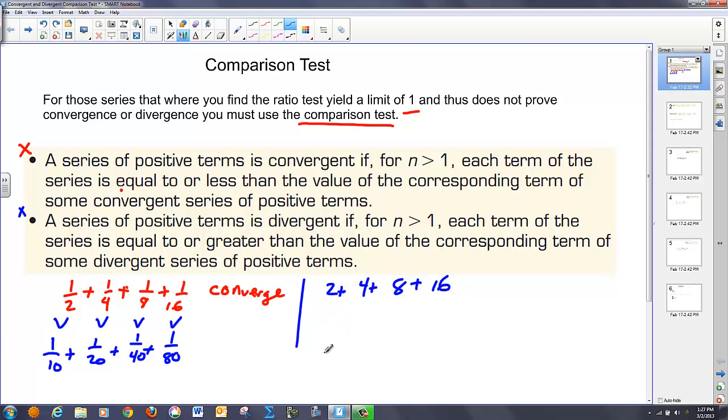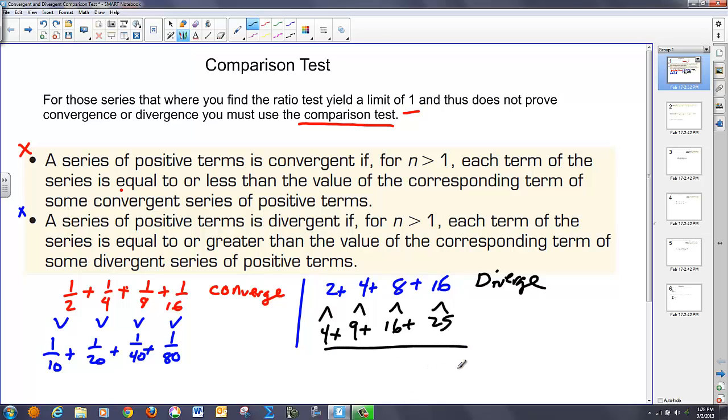And let's say, for instance, I didn't know what this series would do, even though it's going to be relatively obvious what it does. 4, 9, 16, 25, etc., etc. And I knew that the terms in blue diverged, and we could say that each term in black is greater than each term in blue, then the series in black must also diverge. That's what these two say.